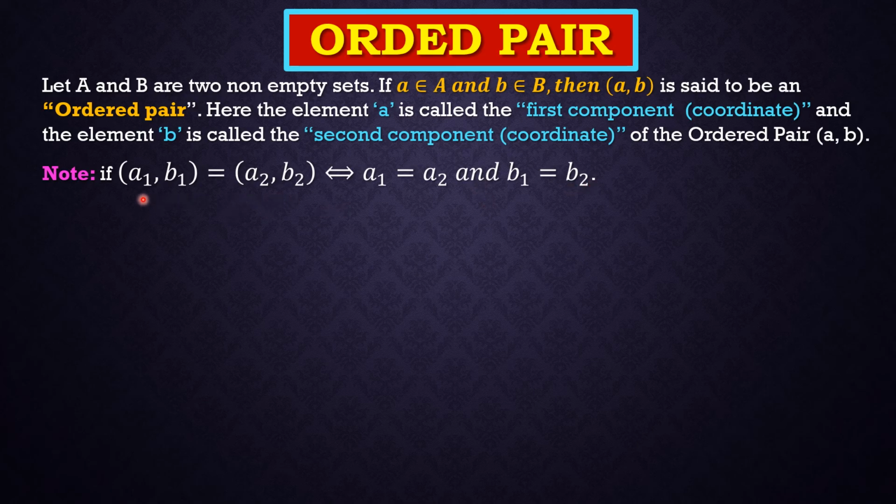Here, equating the first components or first coordinates, that is a1 equals a2, and the second components or second coordinates, that is b1 equals b2. This is one of the important conditions. If given ordered pairs are equal, then the corresponding first components and corresponding second components of the given ordered pairs are also equal. This is a very important condition.